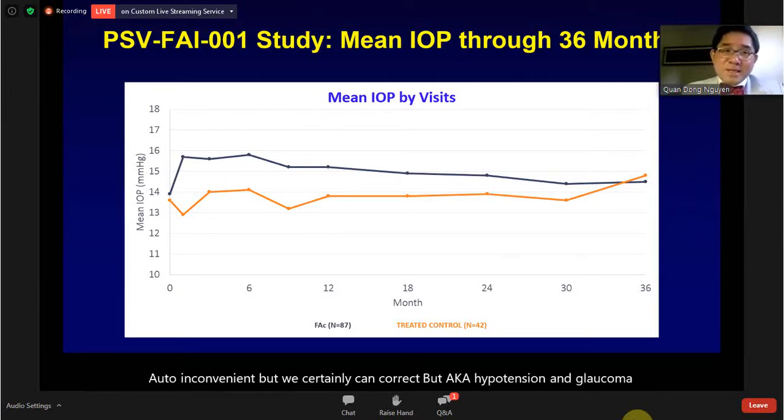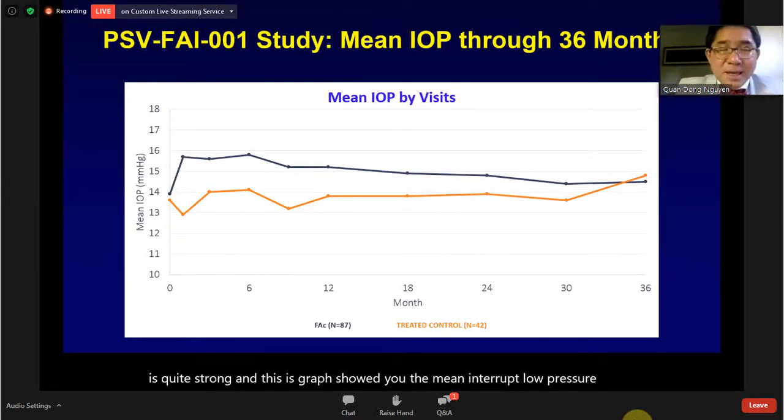So fortunately, the data from the 001 study is quite strong. This graph shows you the mean intraocular pressure through 36 months having the fluocinolone acetonide insert inside the eye. The black curve at top represents the subjects who were randomized to the insert, and the orange curve is those randomized to the control.